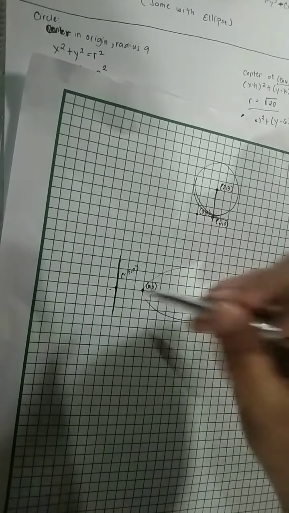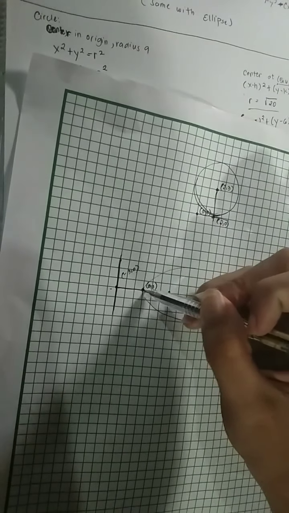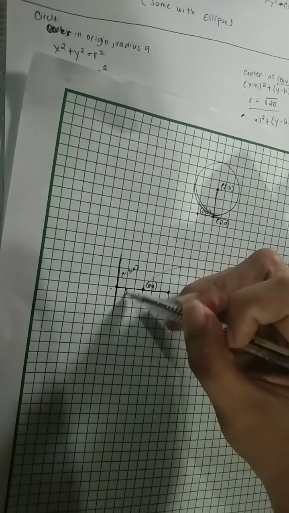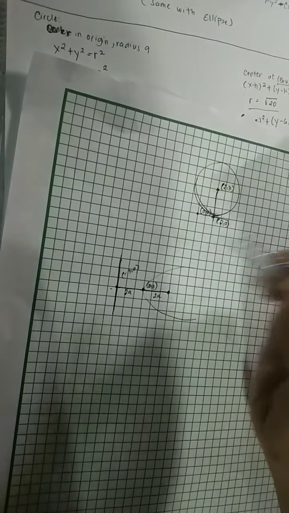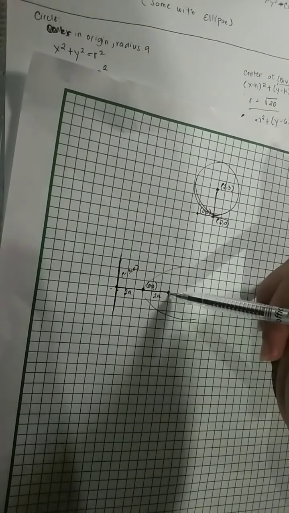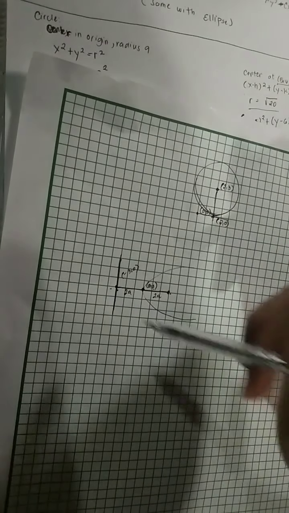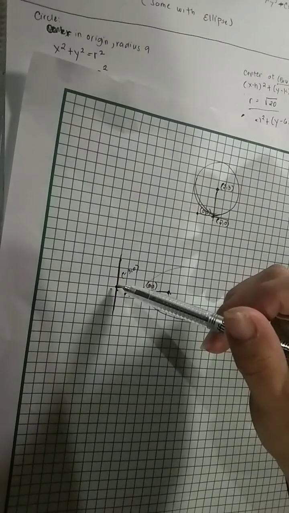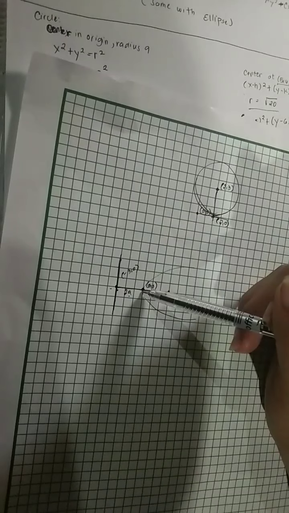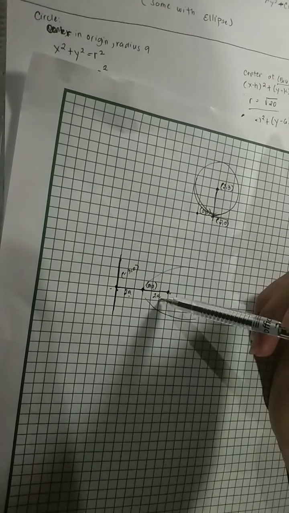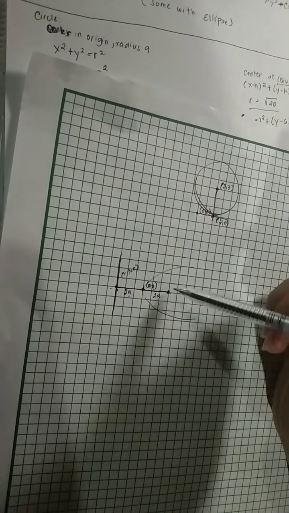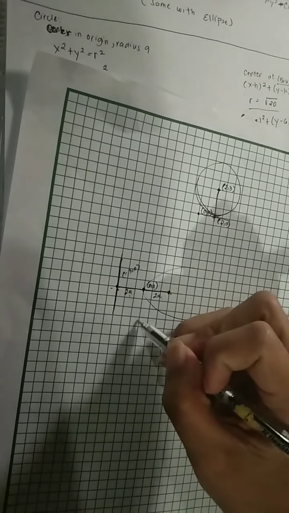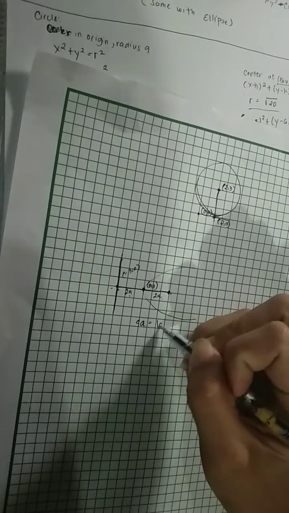The distance from the directrix to the focus is the latus rectum; a is the distance from the directrix to the vertex, which is also the distance from the vertex to the focus. Therefore, 4a is equal to the latus rectum.